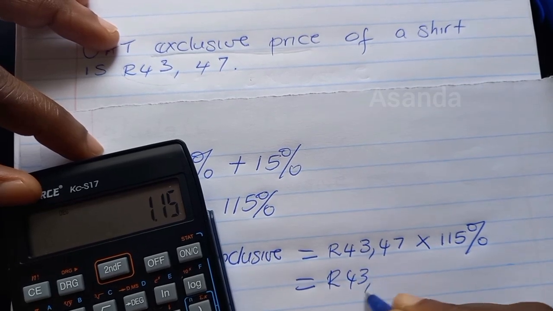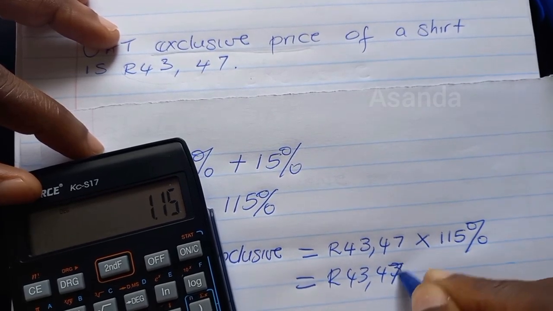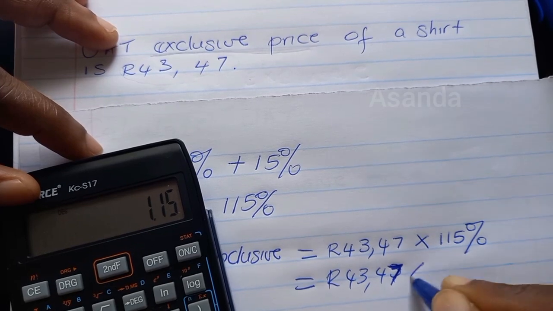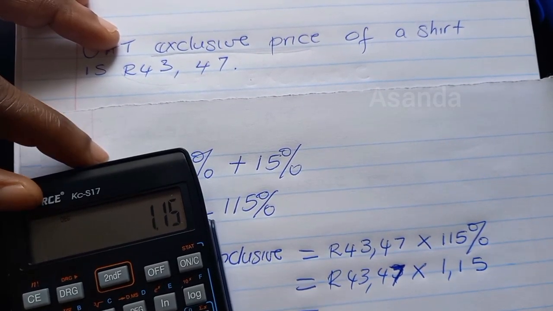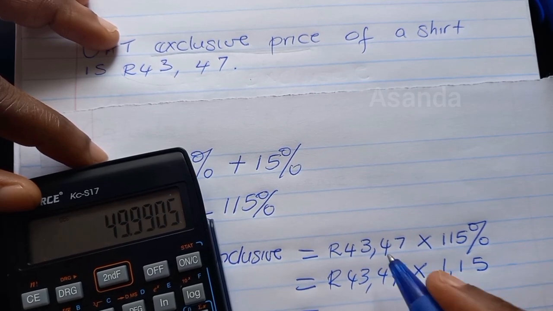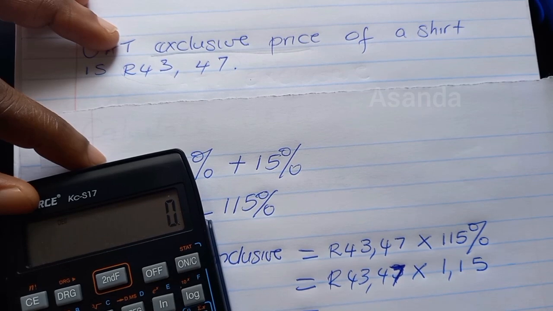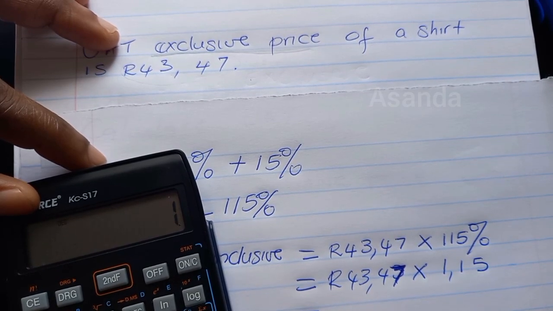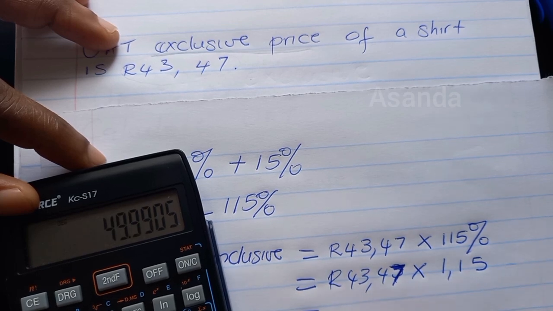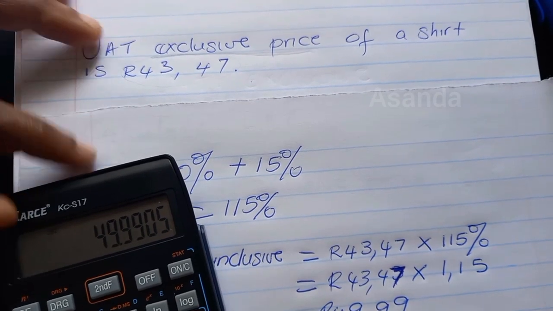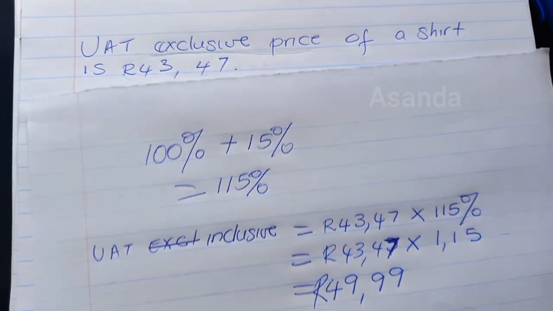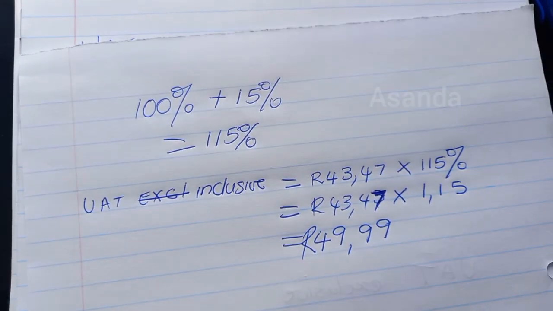Okay, so we're going to first do that. 43.47, ooh, I make a lot of mistakes. Multiplied by 1.15. And then we're going to multiply that by the amount, and we get 43.47, let me do it again, just to be sure, because I make a lot of mistakes. Okay, it's 49.99. See? Magic. It's the short method. I call it the short method.